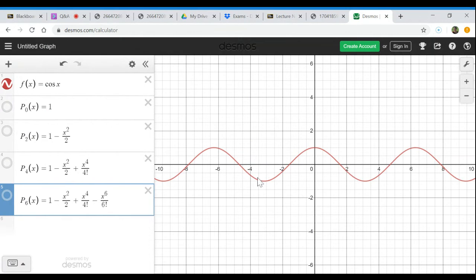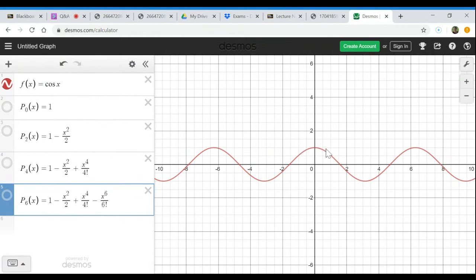So I first entered the function cosine of x. So this is the function that we're trying to model with these polynomials. And we remember that we wrote the Maclaurin polynomials, so these are all centered at 0. So think of these as polynomial approximations of the function f of x equals cosine x.